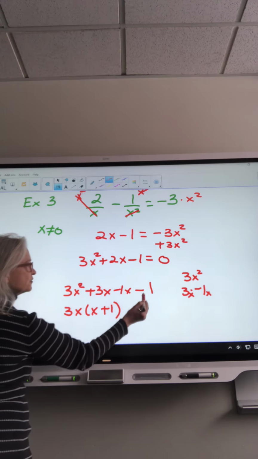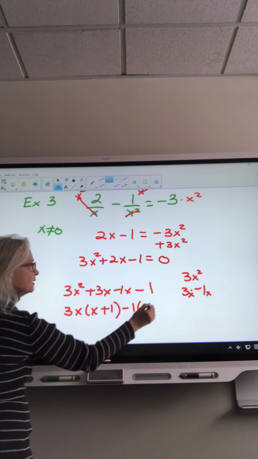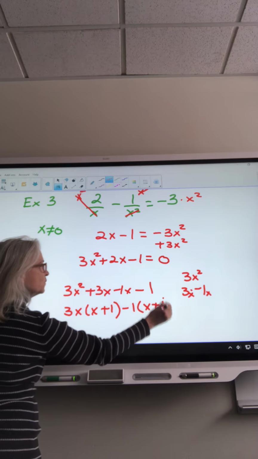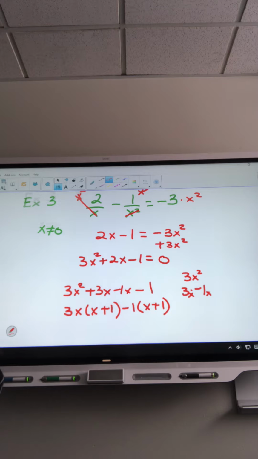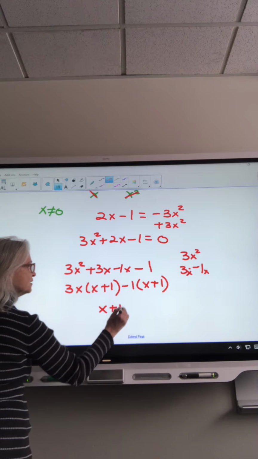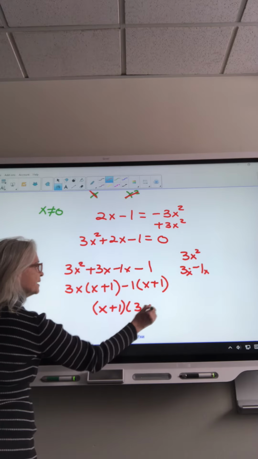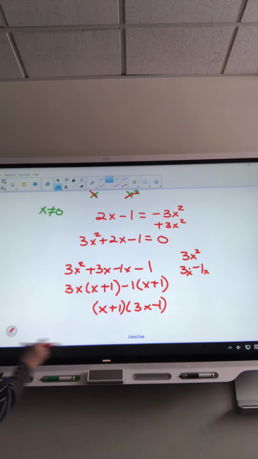And if we factor this part out, the common factor is a -1, so we get x plus 1. This would be a common binomial factor, and then we group the 3x minus 1, the common factors.